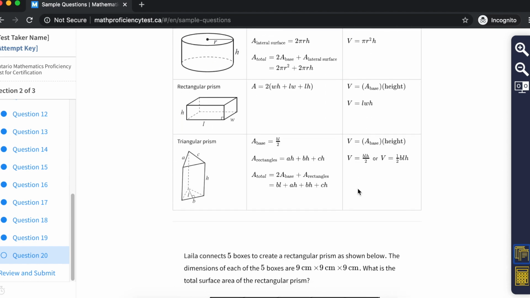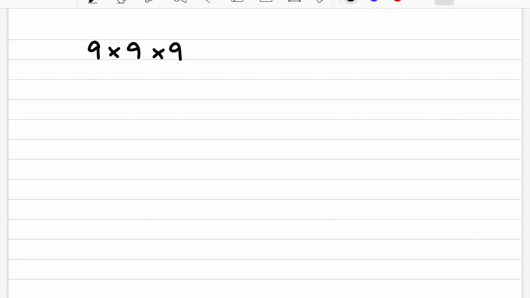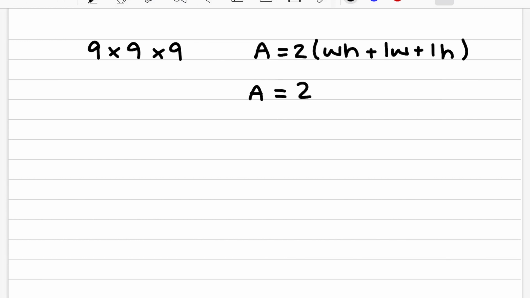We see that the area is going to be 2 times (width times height plus length times width plus length times height). So we know that our length, width, and height are all 9. So we can substitute that in to get 2 times (81 plus 81 plus 81), since that's 9 times 9.